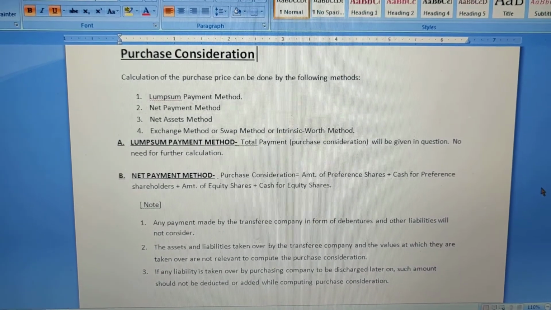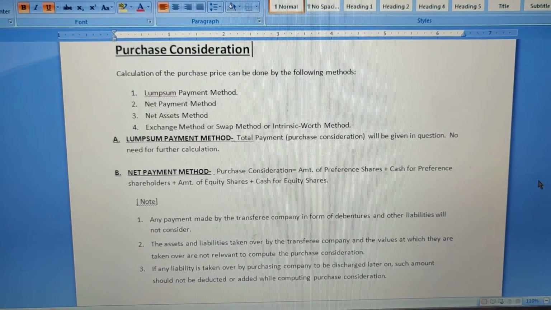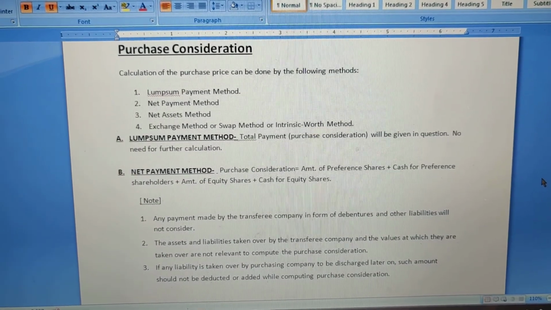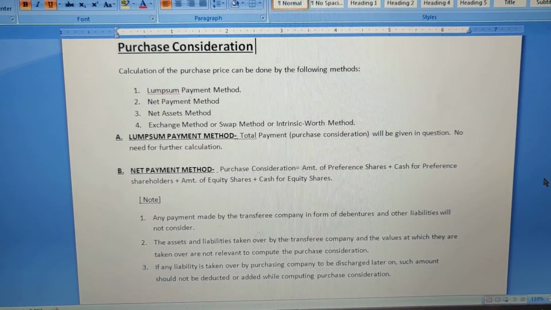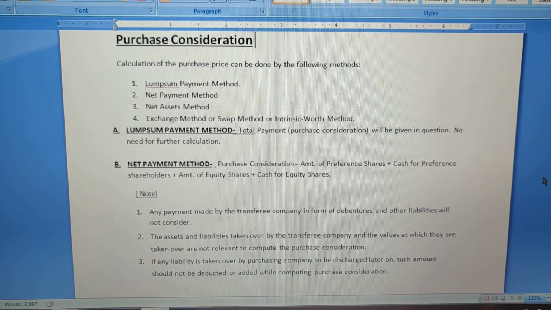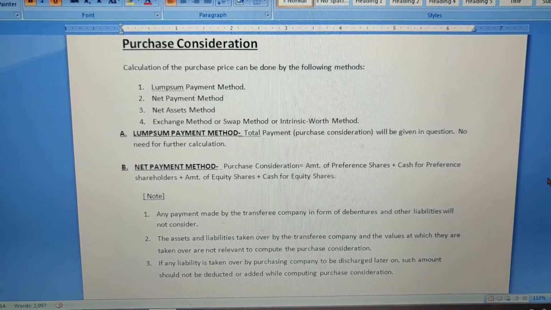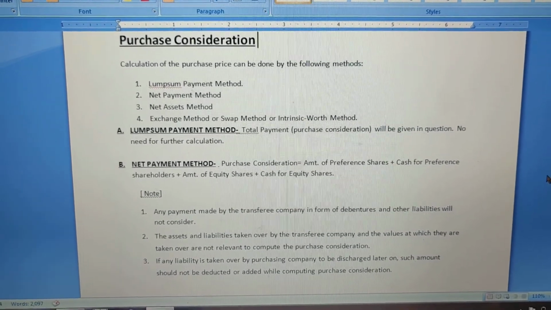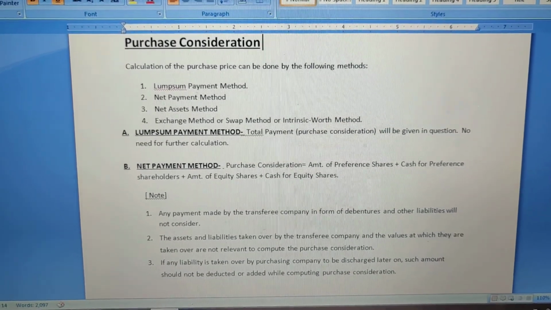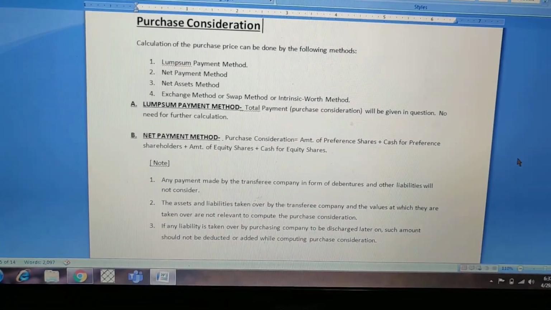Y transfers all its assets and liabilities to X, and X in return, without calculating the value of separate assets and liabilities, just tells Y to take this much consideration, the total payment, and Y company will be mine from now. So that is the lump sum payment method. The total purchase consideration is given in the question, and you don't need to do any calculation under it. And the next method is the net payment method.